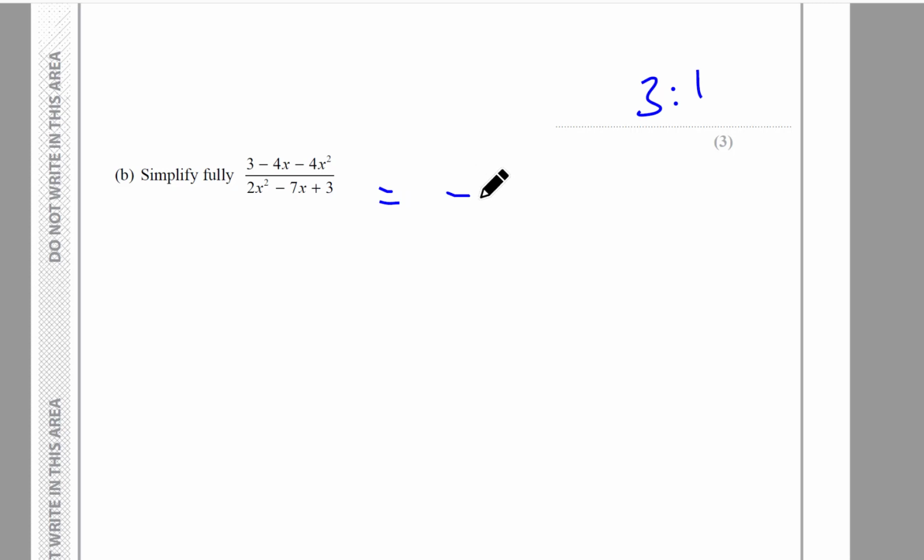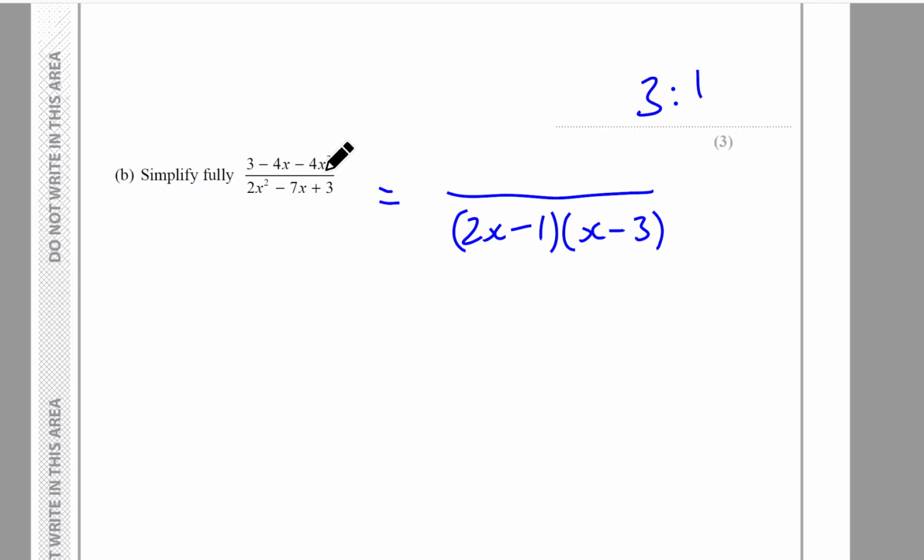The bottom is nicer, and I know that's going to be a 2x minus 1, and x minus 3. Yeah, that will get us minus 7, but just do whatever way you know. This top one is just a bit more difficult.